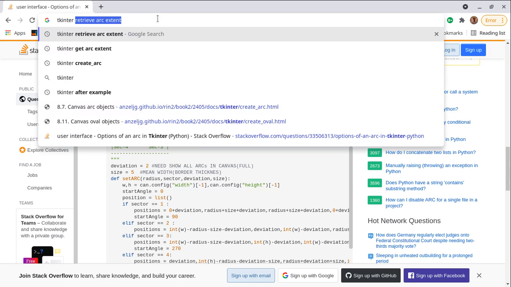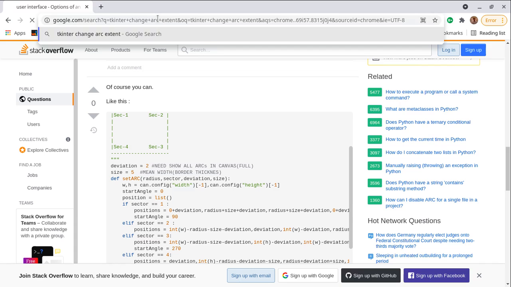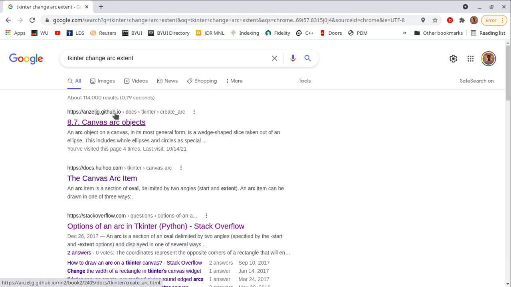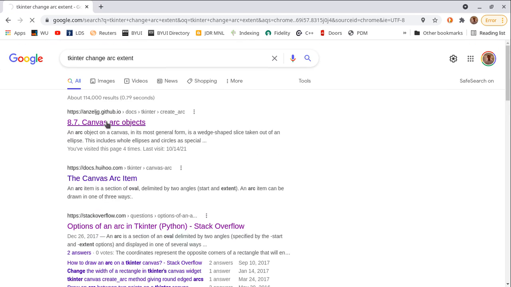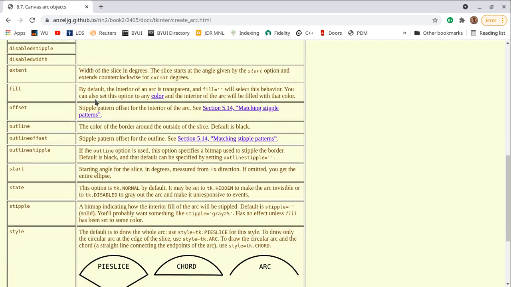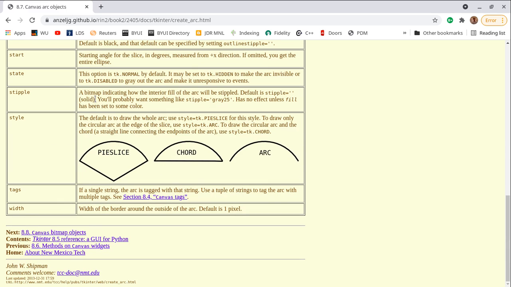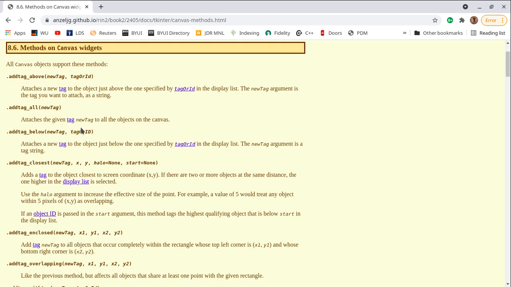Tkinter change arc extent. That's not coming from it. Those are all the options to try drawing it. Methods on Canvas widgets. All Canvas objects support these methods.